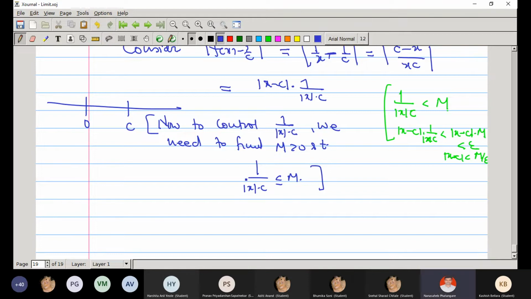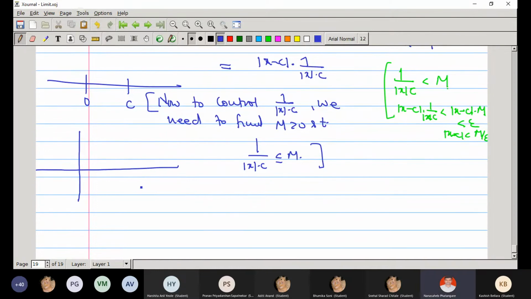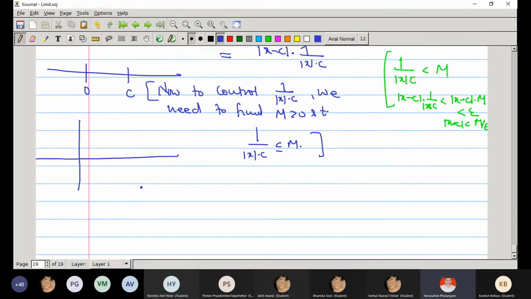Here we need very simple, straightforward and natural thinking. Do you know the graph of 1 by x? And I am talking about c. Suppose I put a control on x, and say |x minus c| is less than 1.